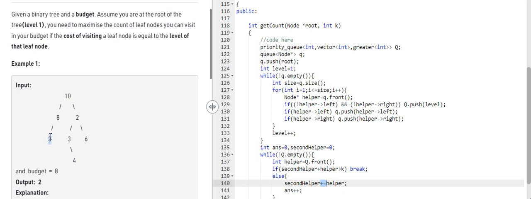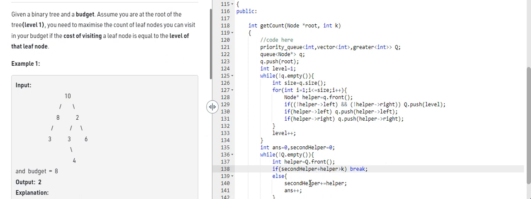So if we visit this leaf node, the level of this node is 3, so from 8 we spend 3, so 5 is remaining. So like this you can understand. First of all our second helper is 0, and helper is 3, so 0 plus 3, is it more than k, where k is 8?